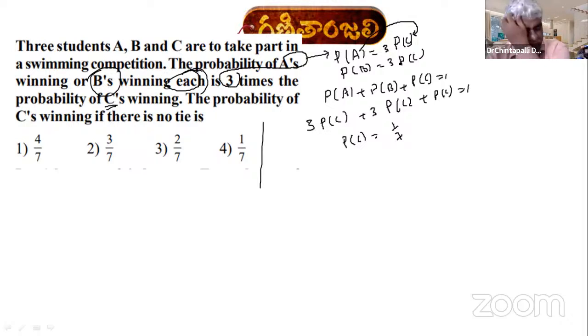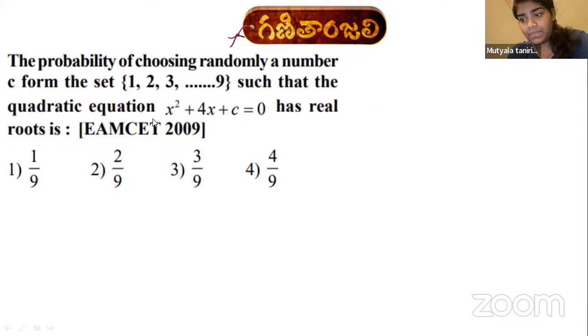In this question only P of C is asked, so we stop calculating after finding P of C. In general, if P of A is asked, it is equal to 3 times P of C, which is 3/7. What is P of B? It's the same, 3/7. Is it clear now? Understood. Let's go to the next question.